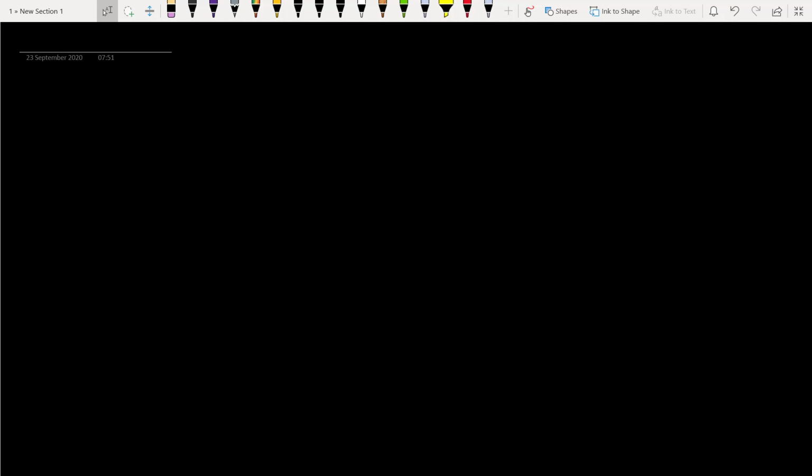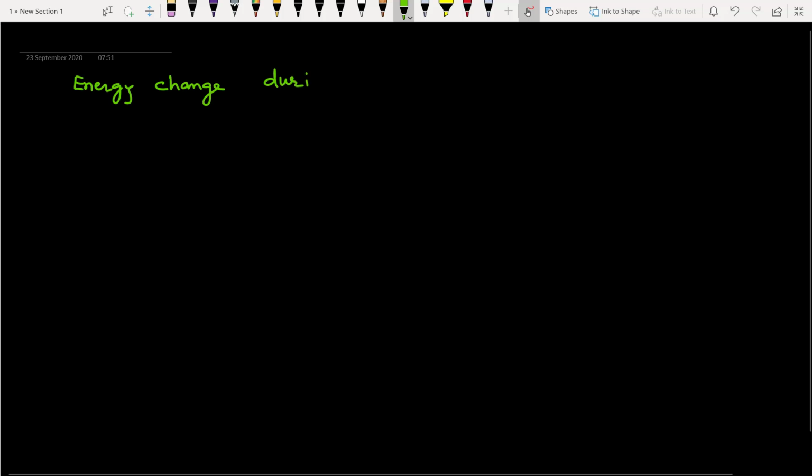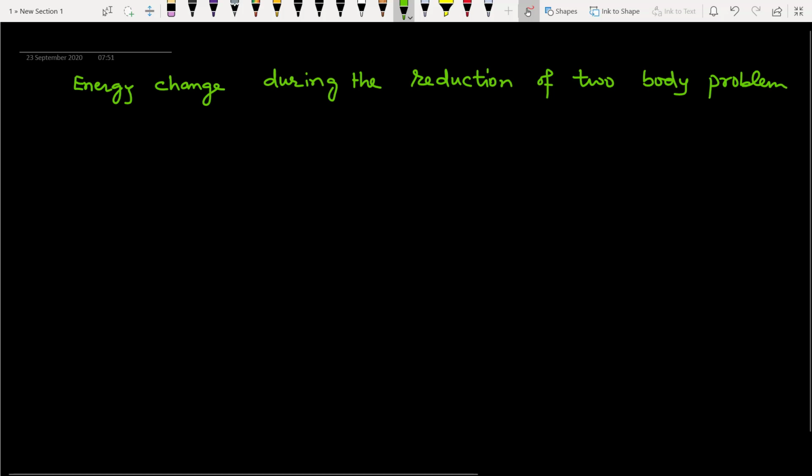in this part we will study the energy change that will take place during the reduction of the two body problem into the one body problem.